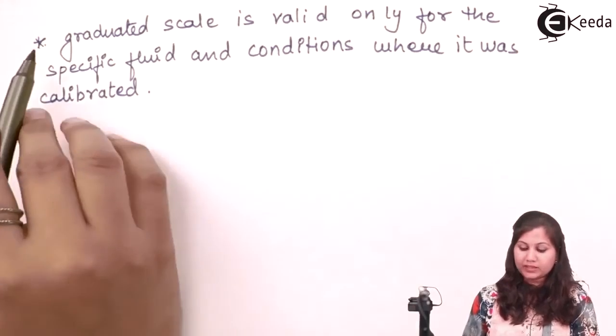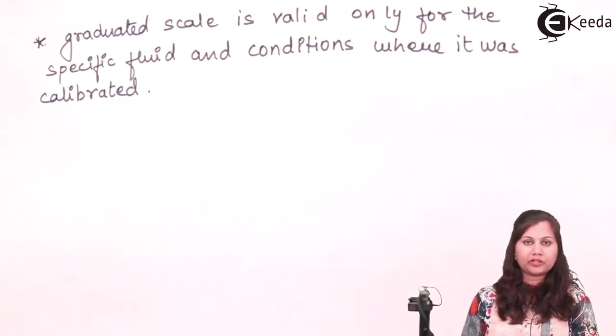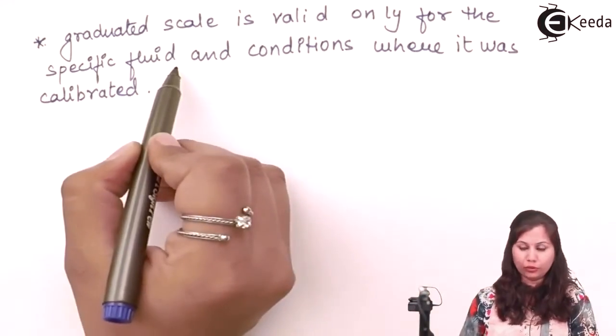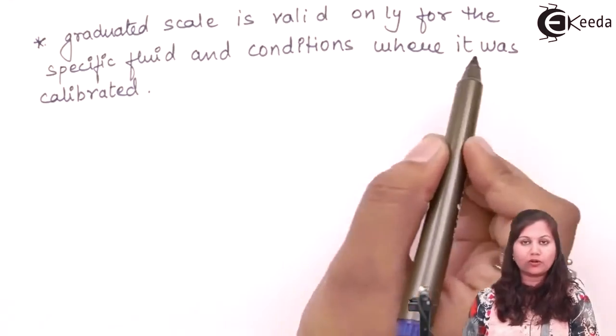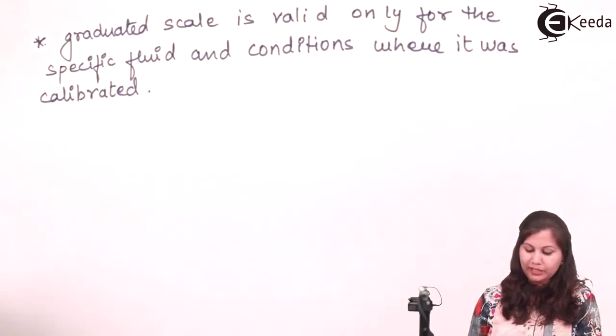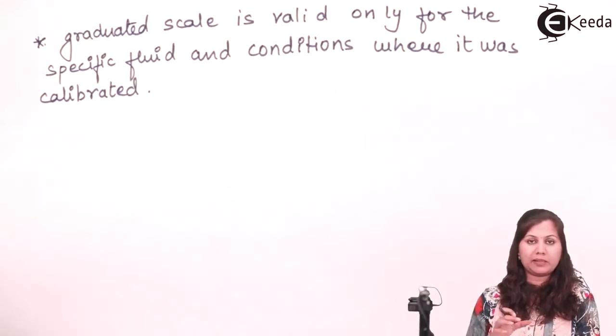The graduated scale, which is used for the measurement of the flow rate or for studying the position of the float, is valid only for the specific fluid and conditions where it was calibrated. So this scale has to be calibrated again and again for the specific setup.